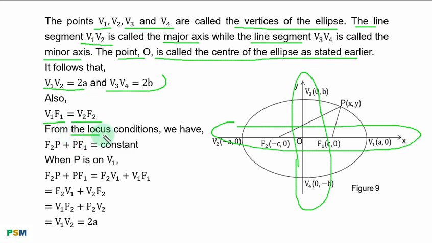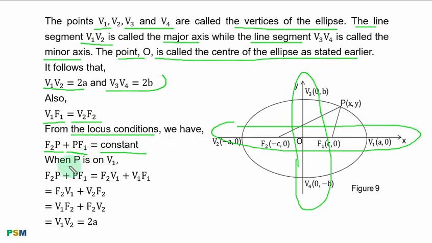From the locus conditions, we have F2P plus PF1 equal to constant. From F2 to P plus from P to F1 equal to constant.